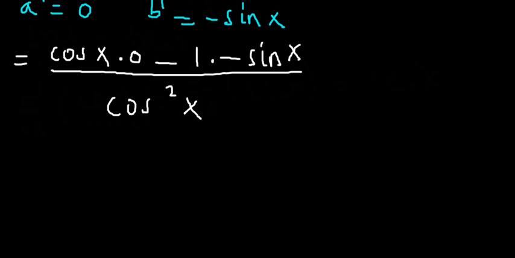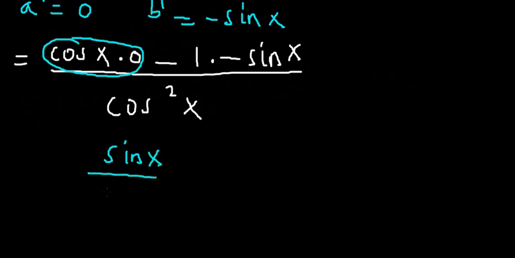So in the numerator, this is going to give us 0. Cos x times 0 will be 0. So we're going to be left with negative 1 times negative sine x to give us sine x all over cos squared of x.